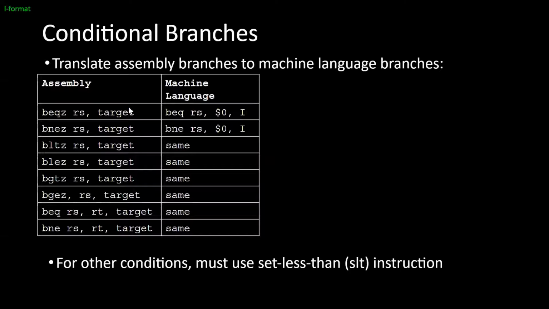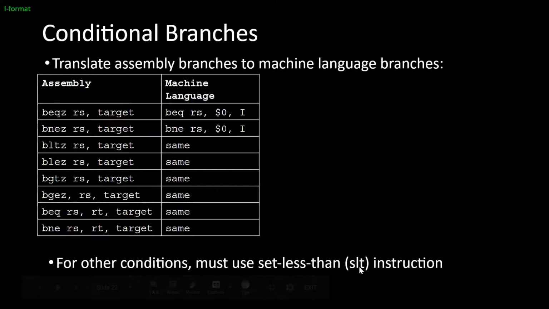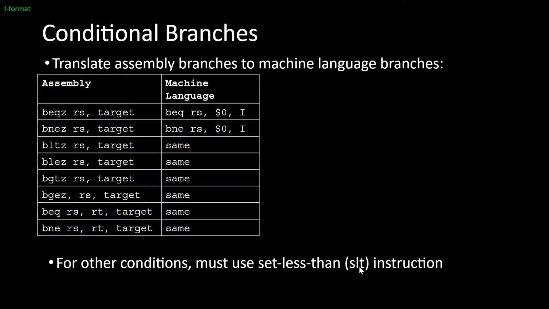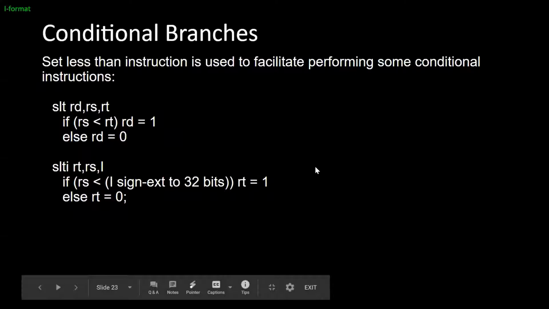For other instructions that we've seen, so there was more than this, we are actually using the set less than, or SLT, instruction. That is basically going to help us convert the other ones to one of these 6 instructions. So how does it work?